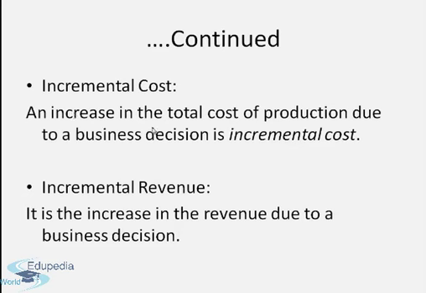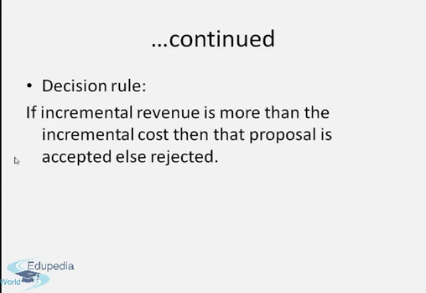We have already understood with the help of an example that incremental cost is the increase in the total cost of production due to a business decision, whereas incremental revenue is the increase in the revenue due to a business decision. We use the principle to decide whether we should go for a particular proposal or not.